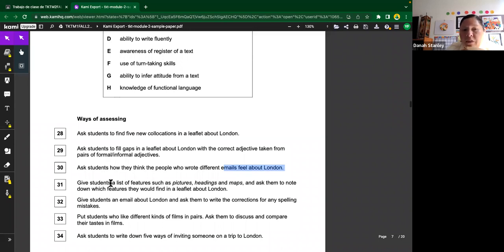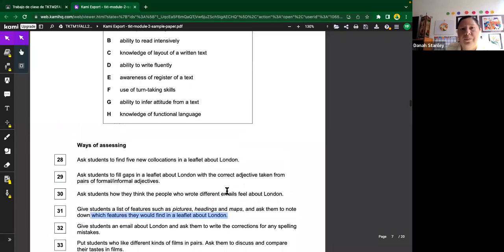Give students a list of features such as pictures, headings, and maps, okay? And then ask them to note down which features they would find in a leaflet about London.